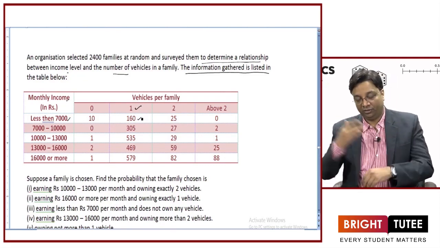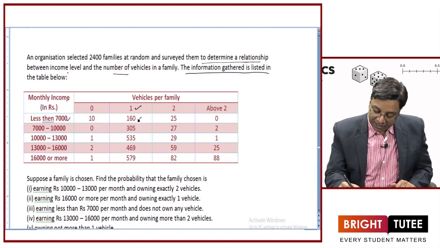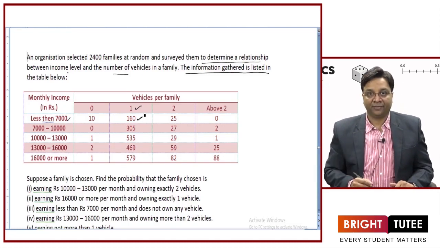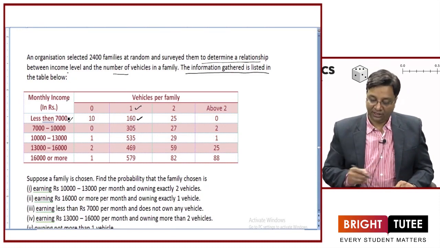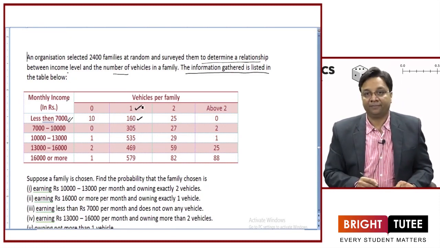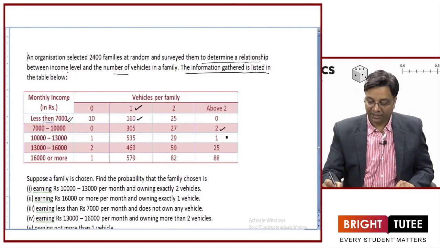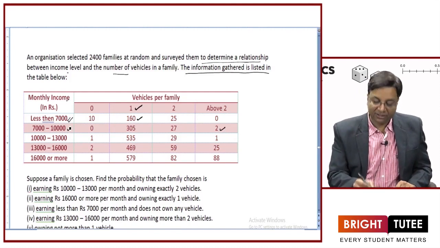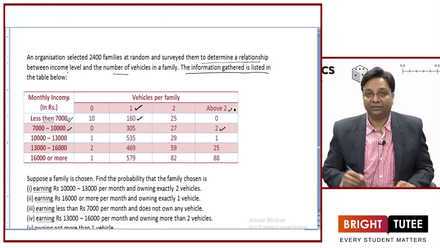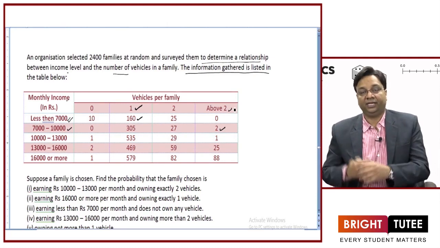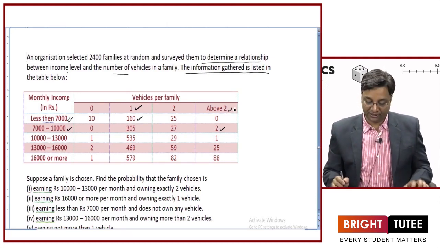If I rephrase this, there are 160 families earning less than 7,000 and having 1 vehicle. There are 2 families having income between 7,000 to 10,000 and they have above 2 vehicles, right. They may have 3 vehicles, they may have 4 vehicles, etc.